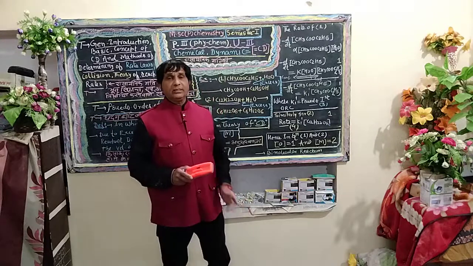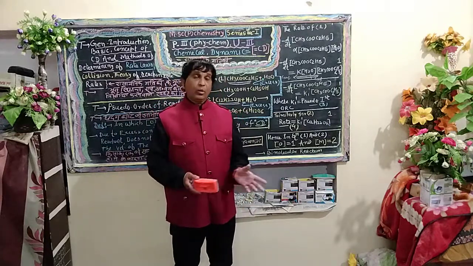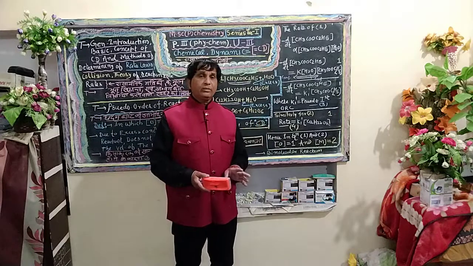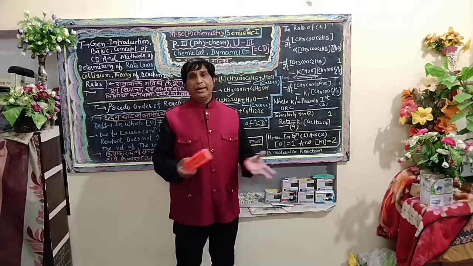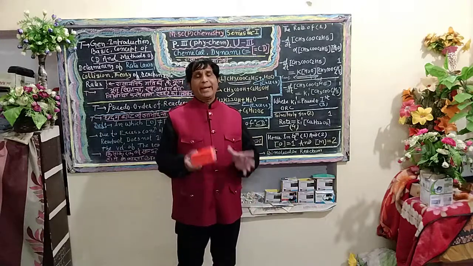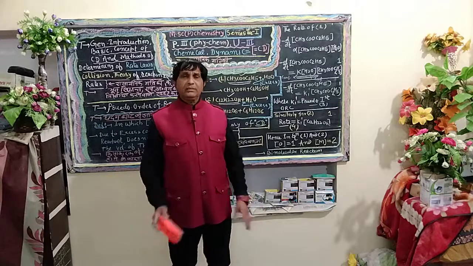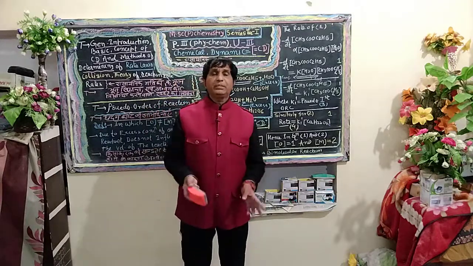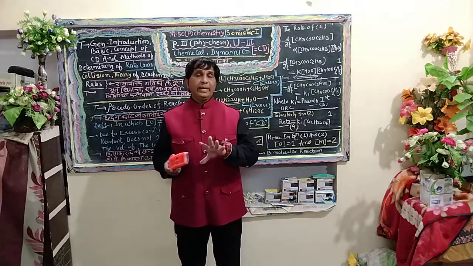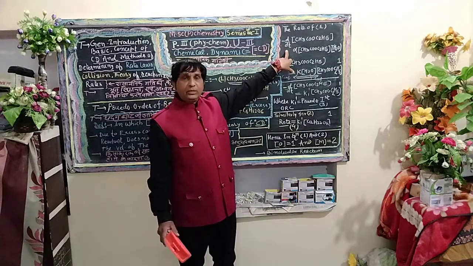Now the next question is: how will you write the rate equation or rate law for these 2 important reactions? Students admitted to M.Sc chemistry often don't know how to write the expression of rate law and rate equation. For students of M.Sc chemistry, semester 1 physical chemistry, it is very simple. For the reactant, you have to write a negative sign with the mathematical operation d by dt.